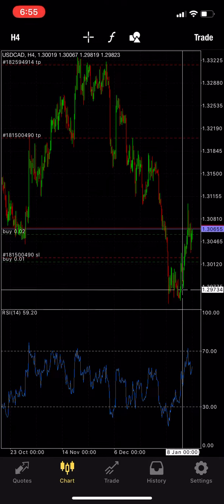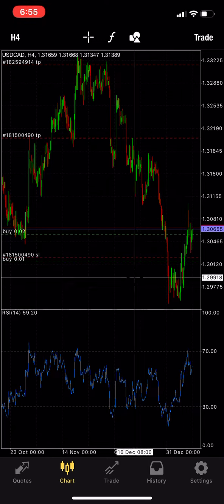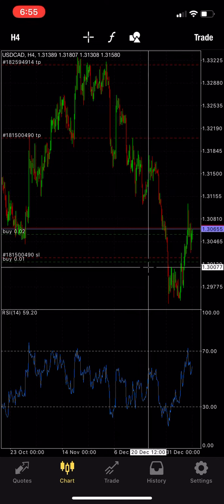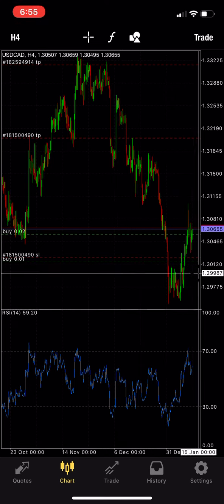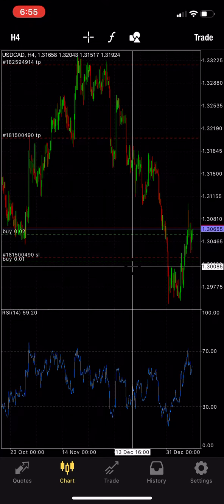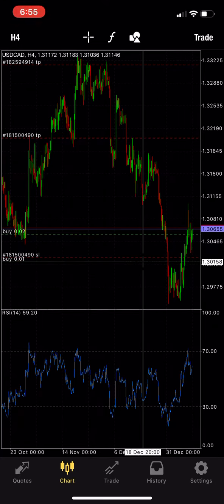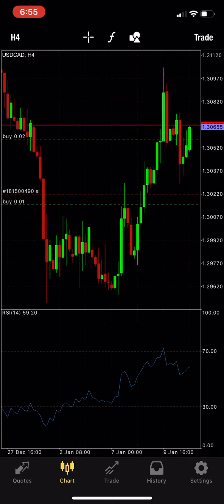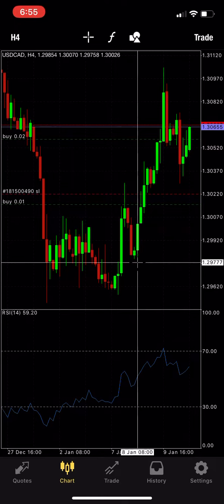If I had gotten in from here and it went all the way up, but I had this one open from 1.300 something, right there in the green. I had it open since last week.